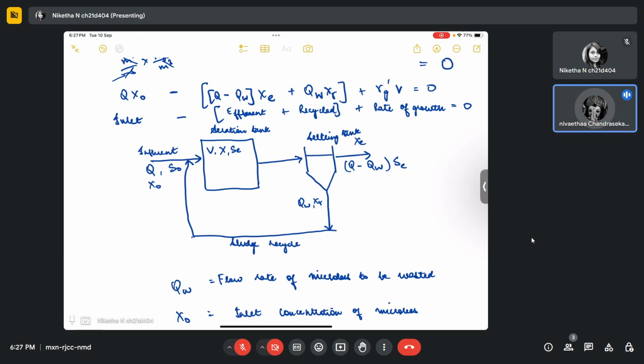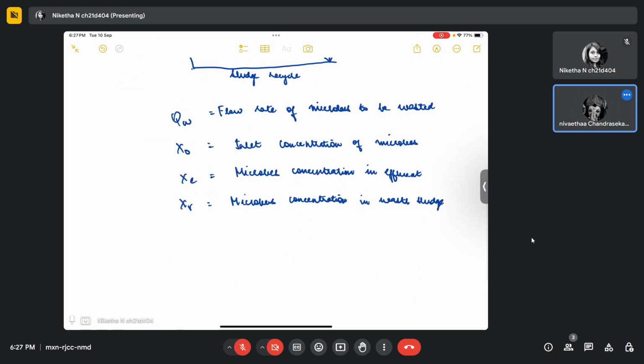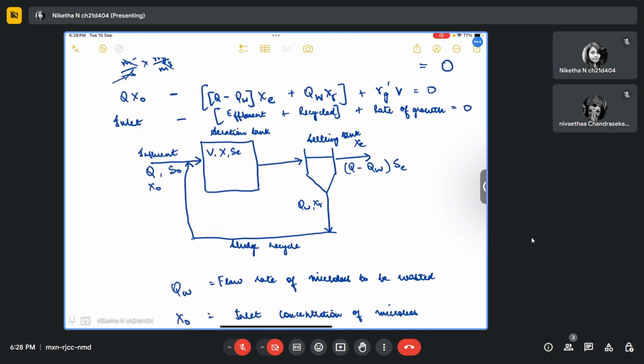Ma'am, that RG, what is it, ma'am? Yeah, this is the rate of growth. So I've represented it in terms of RG. This is the rate of growth multiplied by the volume of the tank, so this will give us the mass of microbes that are growing inside the tank.